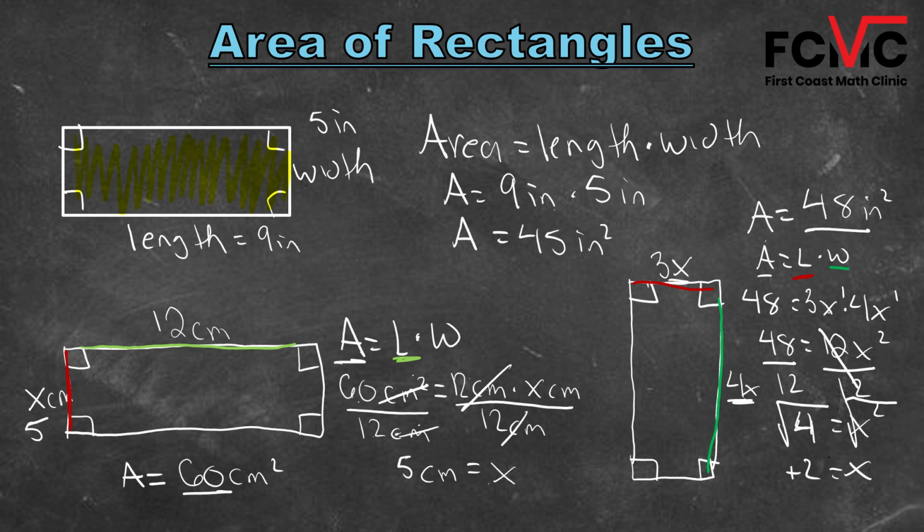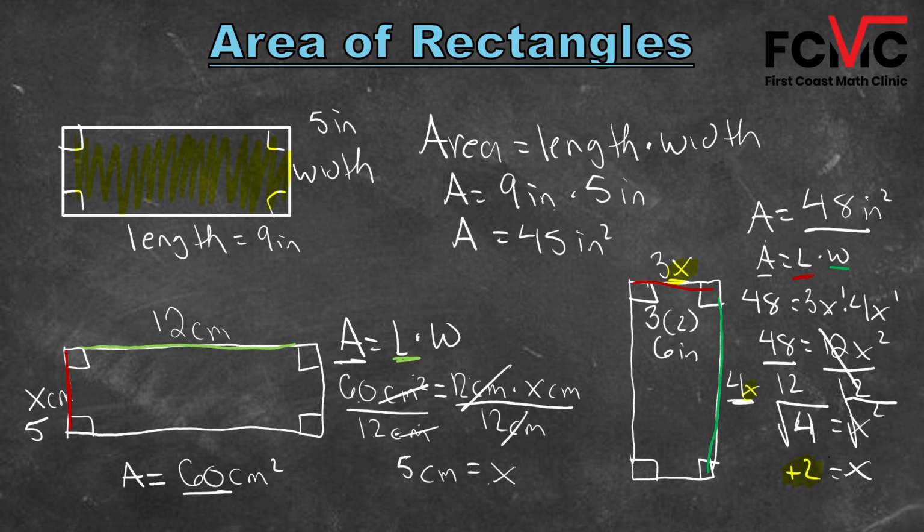Now I want to find the actual length of these sides, right? So if I want to find my length, I could take this 2, put it in for x here and here. So I'm going to have 3 times 2, and this length is going to be 6.